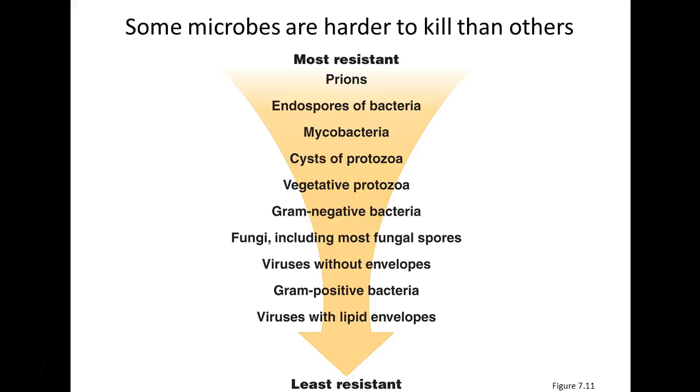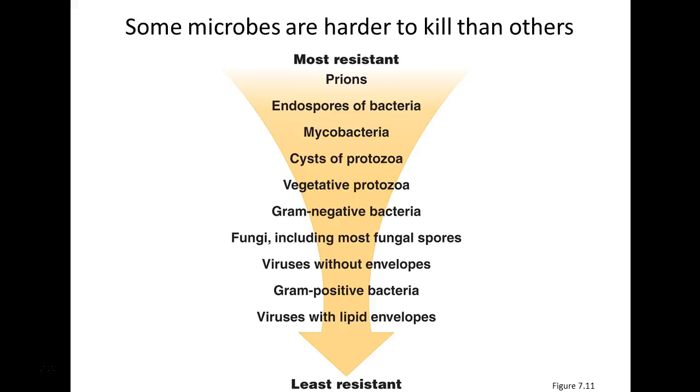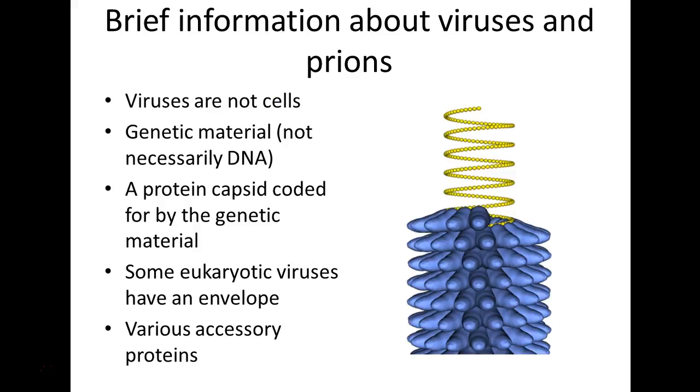Things like prions are very difficult to get rid of using temperature, and other things are significantly easier. On this list are some things like prions and viruses with lipid envelopes that you might not have heard about, and I expound on that in the previous video. This is not something that's critical, so I'll try to be very brief about it.